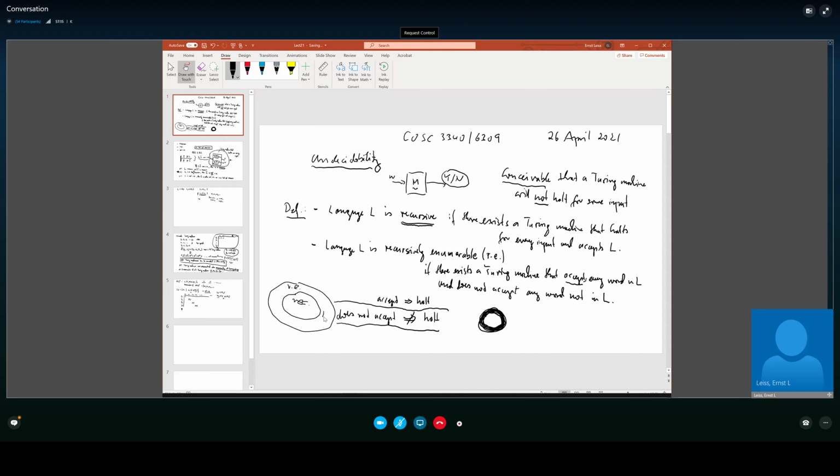And if you recall the language that we defined, L sub U, this is precisely a language that is sitting out here in this diagram that is recursively enumerable, but not recursive. We showed that it is not recursive because its complement is not RE.